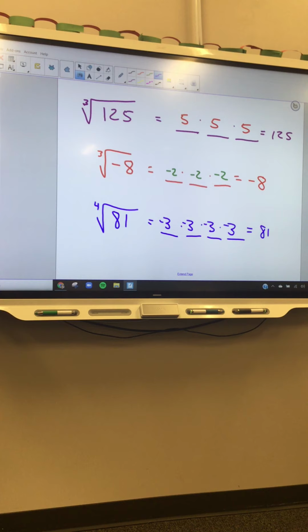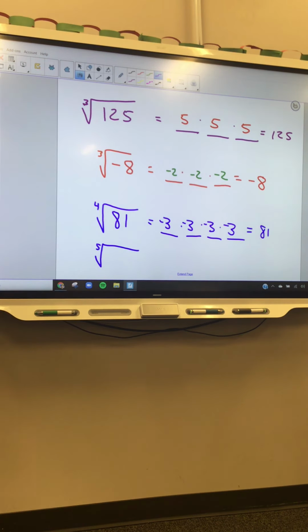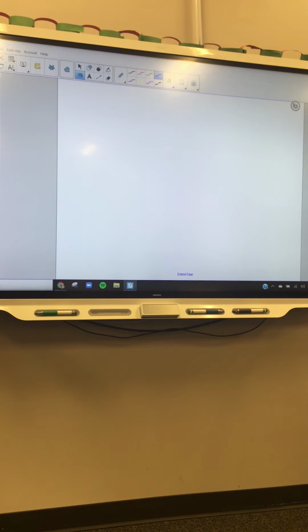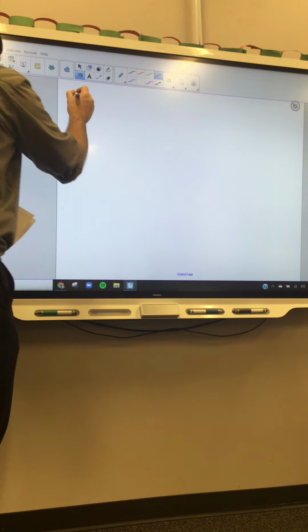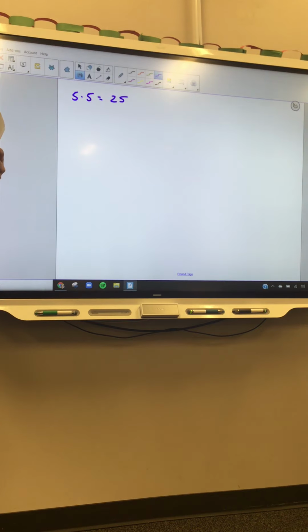Make sense? Okay, so we're going beyond just square roots, to cubed roots and fourth roots. We could take something to the 5th root or the 6th root or however many times we need to. And now we're going to take yet another step, and I'm going to show you another way that we could write this. We know that 5 times 5 is 25, and so we've kind of gone backwards from that.